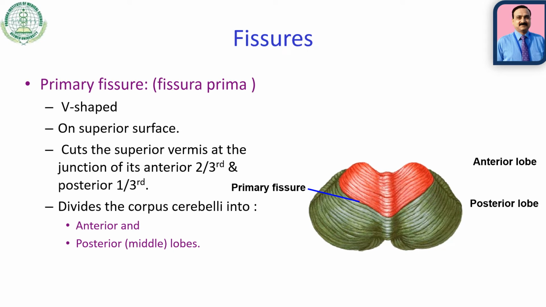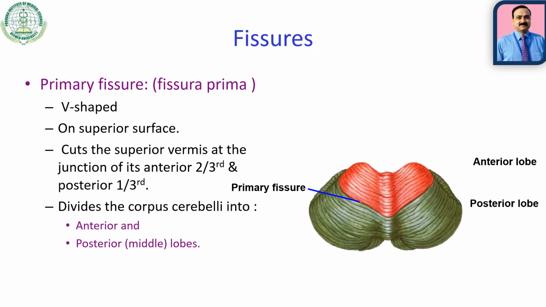Now coming to the primary fissure. This is V-shaped, and it is also called the fissura prima. It can be seen from the superior surface. It cuts the superior vermis at the junction of anterior 2/3 and posterior 1/3.